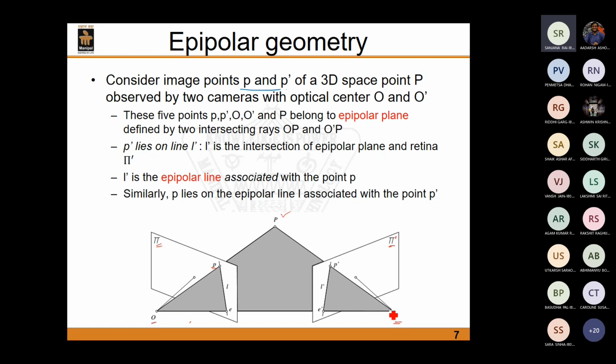Similarly, when the camera captures an image from this particular viewpoint of the point P, the corresponding point can be denoted by P dash. And pi and pi dash, as I said, are the image planes, the retina coordinate system that we have seen earlier.